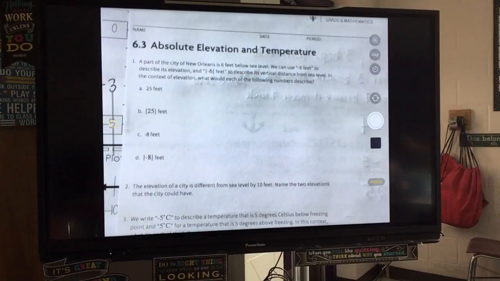So if the first one was 25 feet above sea level, the absolute value of 25 is a positive 25, correct? So what could the absolute value of 25 feet be representing? Lily, represents 25 feet above sea level.